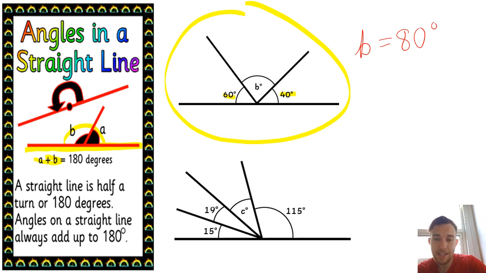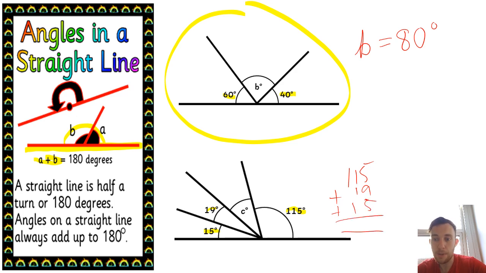Okay, then our next example down here, we've got 4 different angles and one of them is missing. So we've got 15 degrees, we've got a 19 degrees, and we've got 115 degrees. So to work out our missing one, we're going to have to do a little bit of addition and then maybe some subtraction. So we've got 115 plus 19 plus 15.